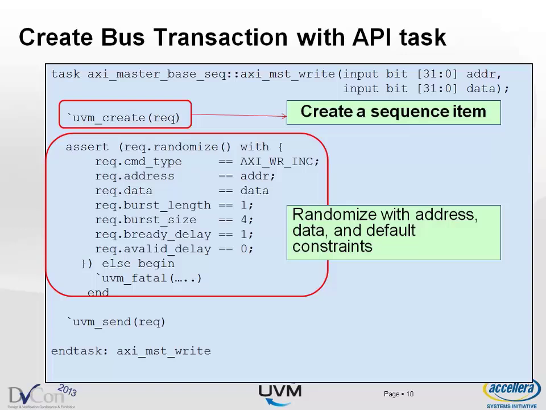These constraints are similar to the `uvm_do` macro when we create UVM transactions. The address and data are passed from the command line interface, and the AXI incremental write command is implicitly specified by the task name. Then we send these transactions to the sequencer.